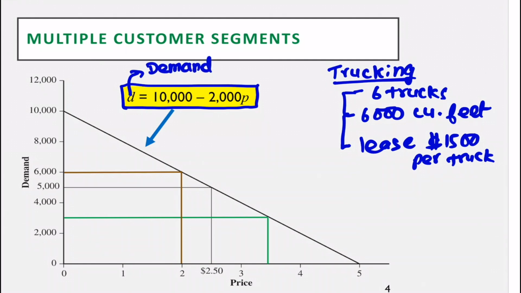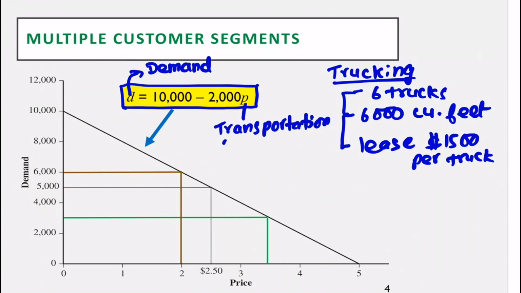This demand is across all segments, and P here is the transportation cost per cubic foot. If the price is $2, this will lead to a demand of 6,000, which is the total capacity of this trucking company. So all the capacity will be used.